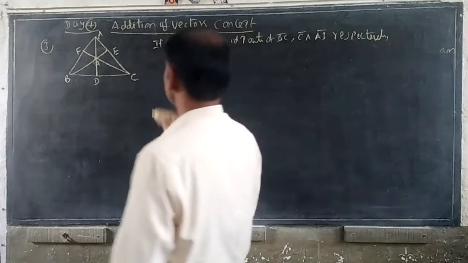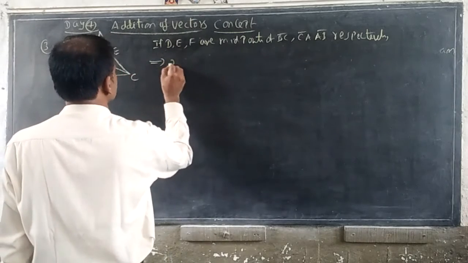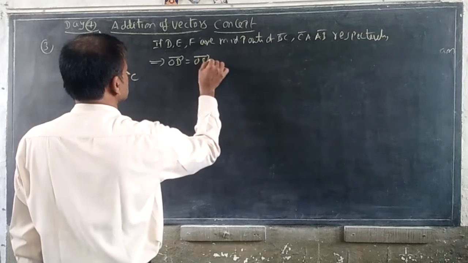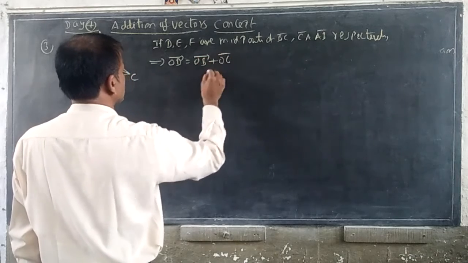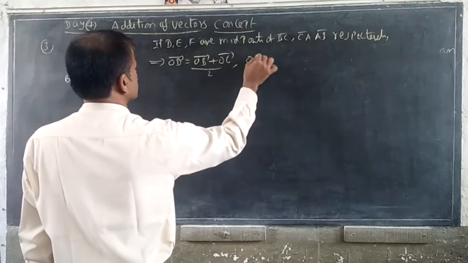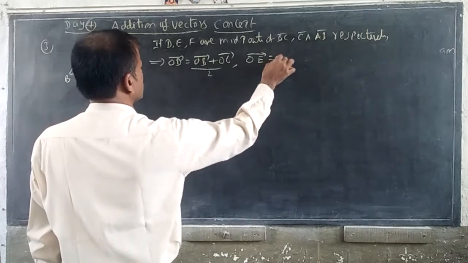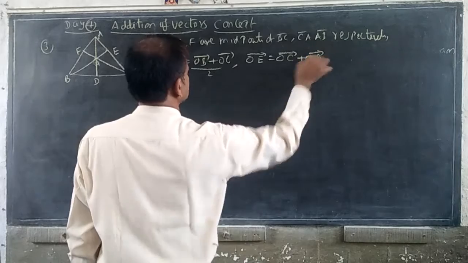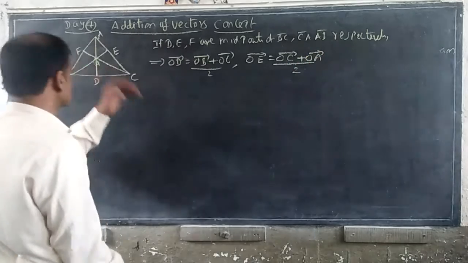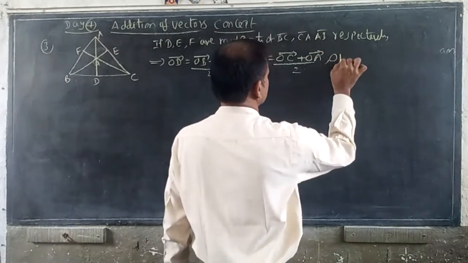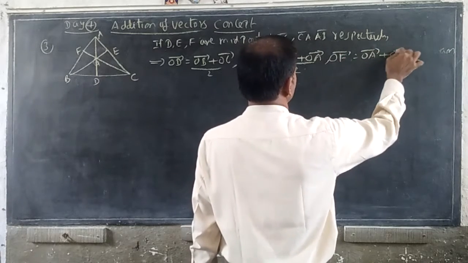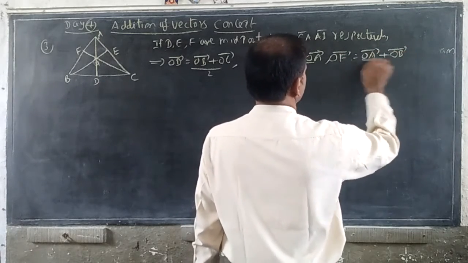that implies we can say OD is equal to (OB plus OC) by 2, OE is equal to (OC plus OA) by 2, and OF is equal to (OA plus OB) by 2.